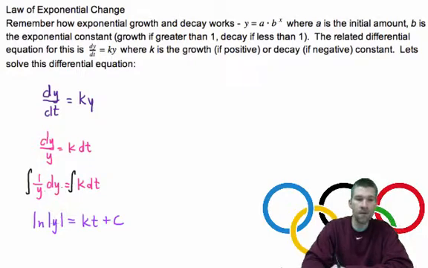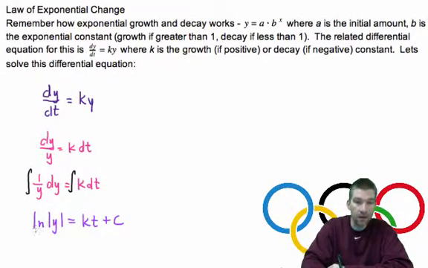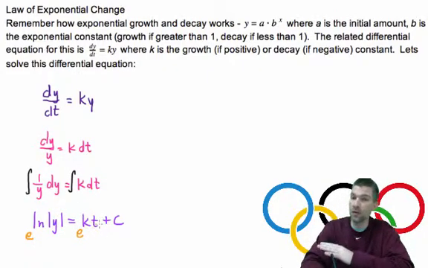Now I've got to undo this natural log because we're solving for y. The way to undo a natural log is by using the exponential function. So I'm going to raise e to this power and e to this power. This is an equality statement, and I'm doing it on both sides, so there's been no cheating going on.